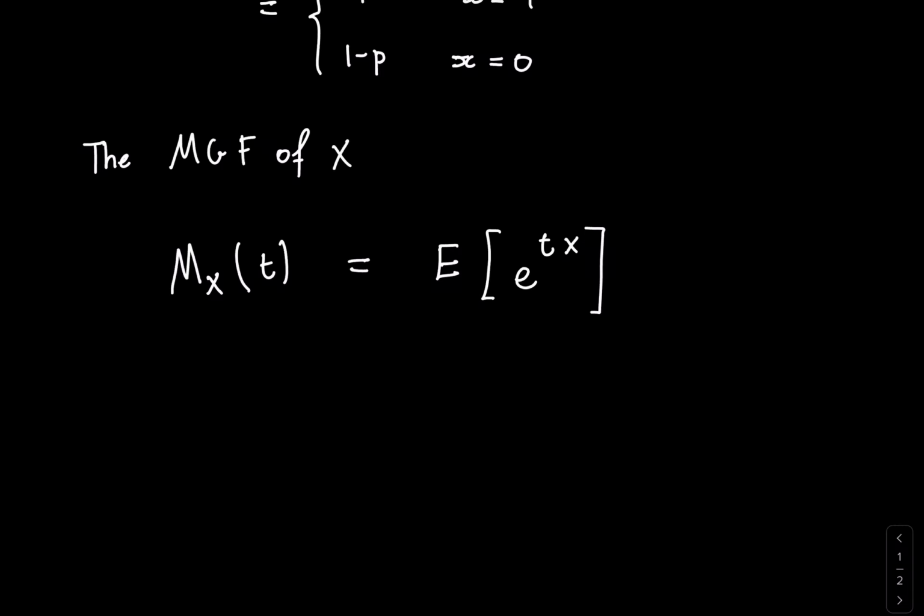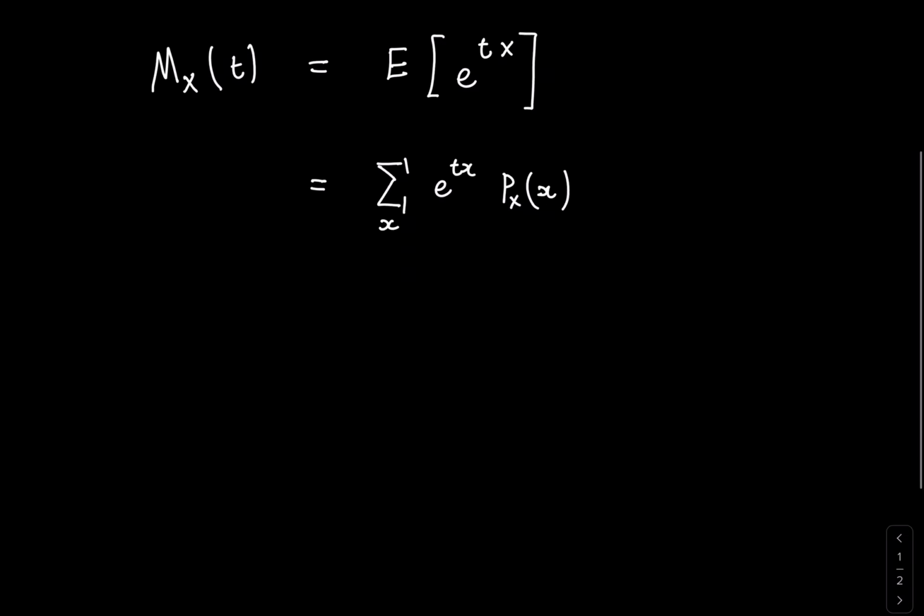Now, in the context of a discrete random variable, which is what we're dealing with here, a Bernoulli distribution, we're going to rewrite this as the sum, not the integral, but rather the sum across all x of e to the tx multiplied by p_X of x.